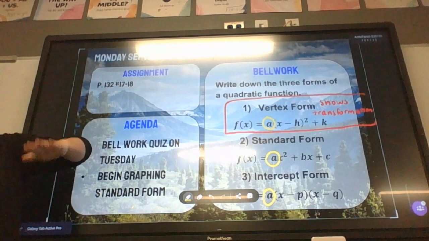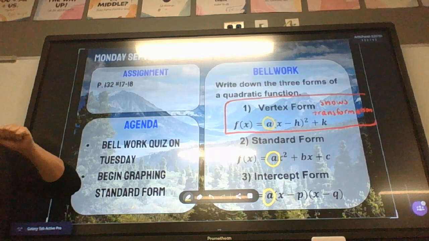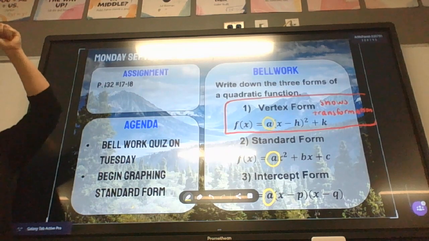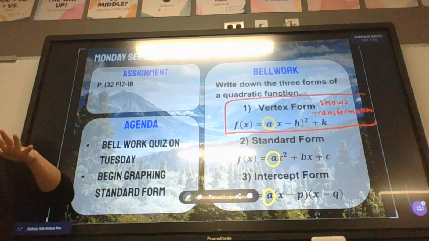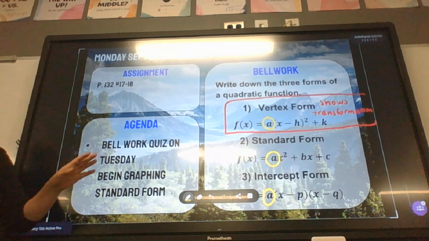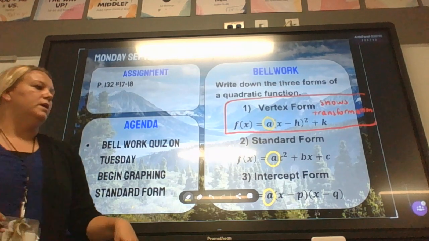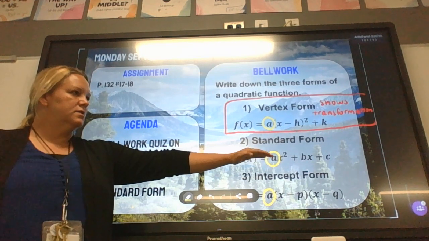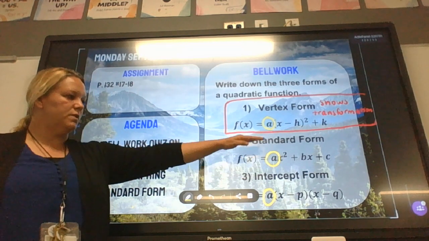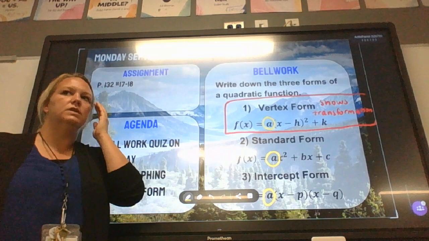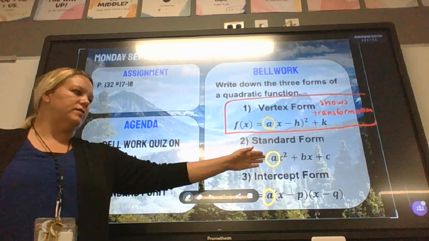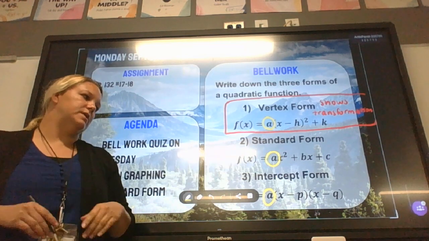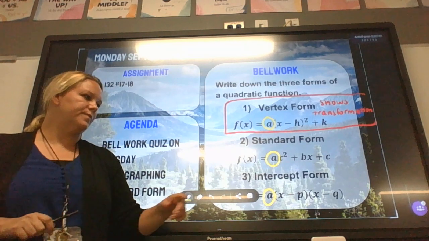If it's negative, it's flipped over. If it's more than one, it's a skinny parabola. And if it's less than one, it's a wide parabola. So that holds true. But when I'm looking at a standard form quadratic function, I can't visualize if it's left, right, up, or down. The numbers don't tell me as much information.